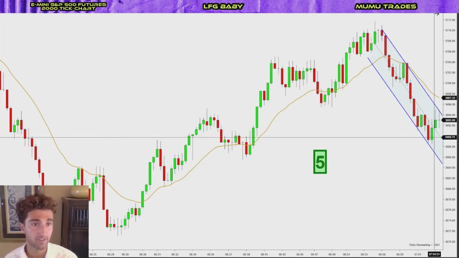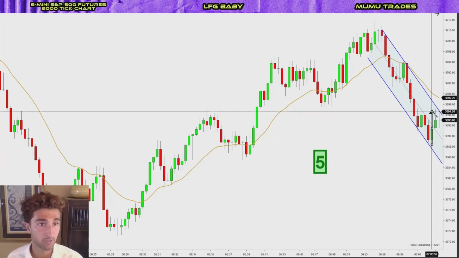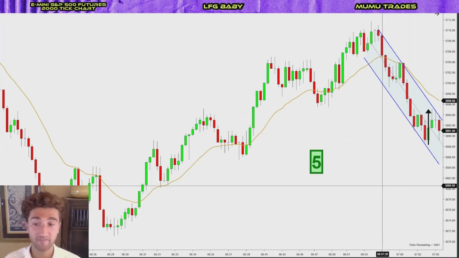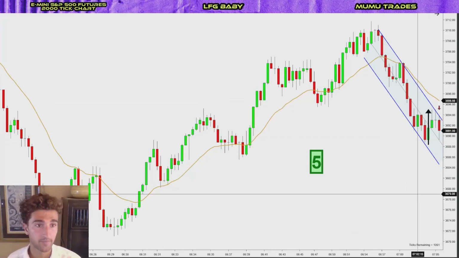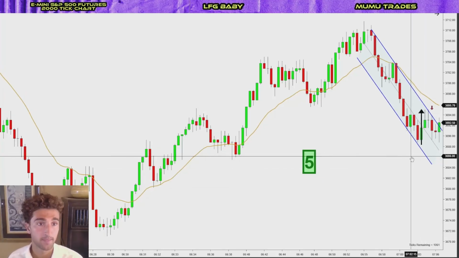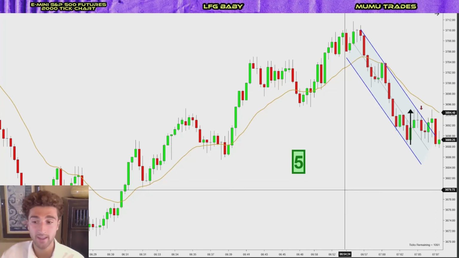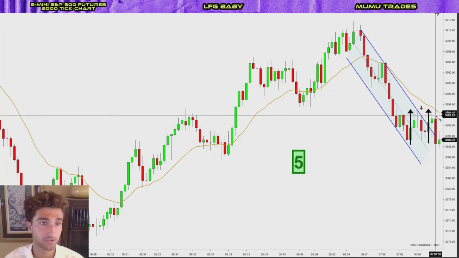We're counting from this low. We have our first pullback, followed by our first entry short right there, and a second pullback, followed by a second entry short.